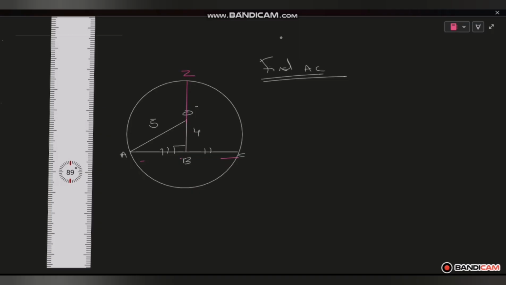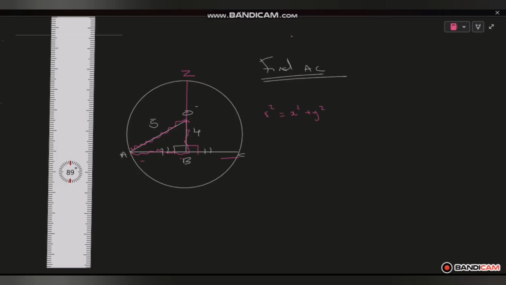You can see that AC is the line that is bisected by OB, meaning if you can find AB, you can be able to find BC in this triangle. Then add AB plus BC to find AC. We know that angle B2 is also 90 here. Therefore we can use the theorem of Pythagoras.